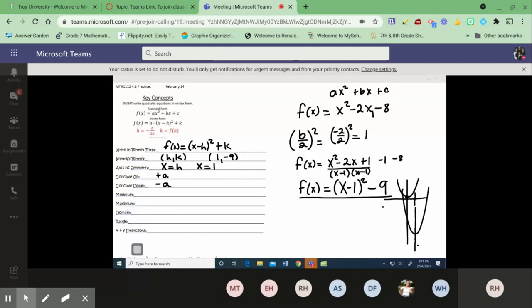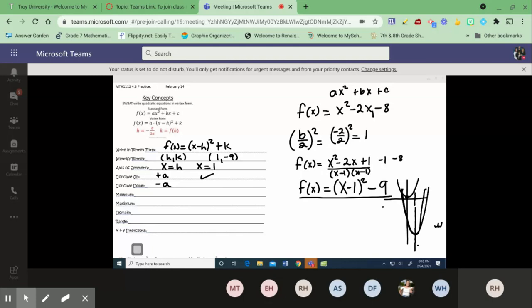Now, since I'm concave up, I'm going to have this parabola that decreases, decreases, decreases, comes to a point, and then starts increasing. So would that point be a minimum or a maximum?